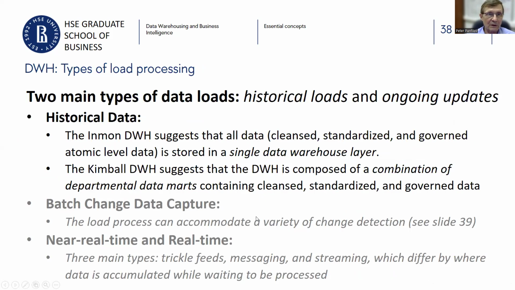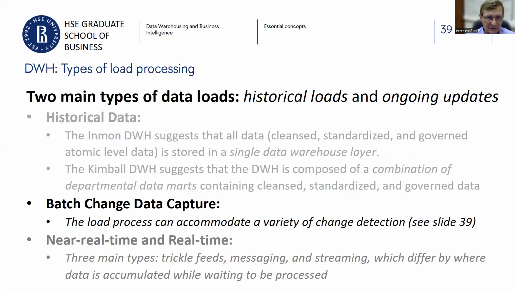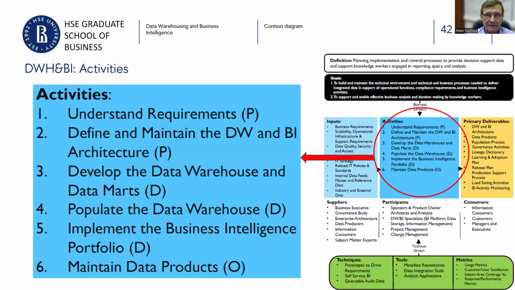Okay, so now after all of this fundamental stuff, we can go into more detail on the activities. Activities related to data warehousing, to development of the data warehouse and BI capabilities in your organization, in your business.